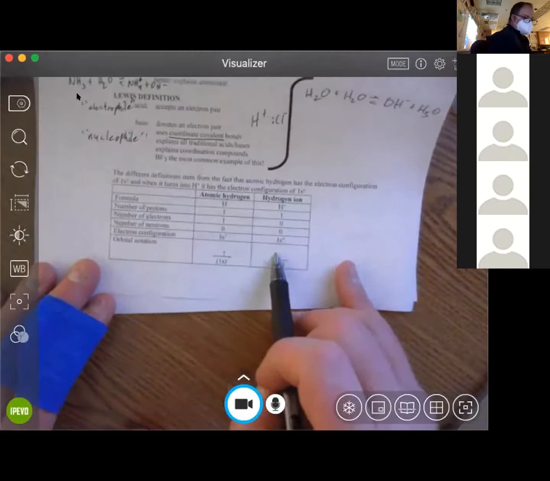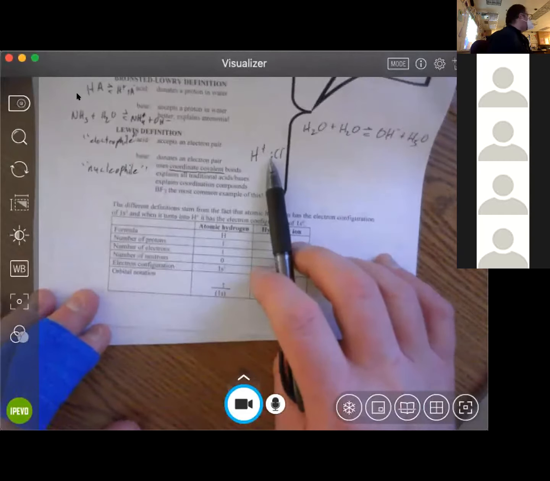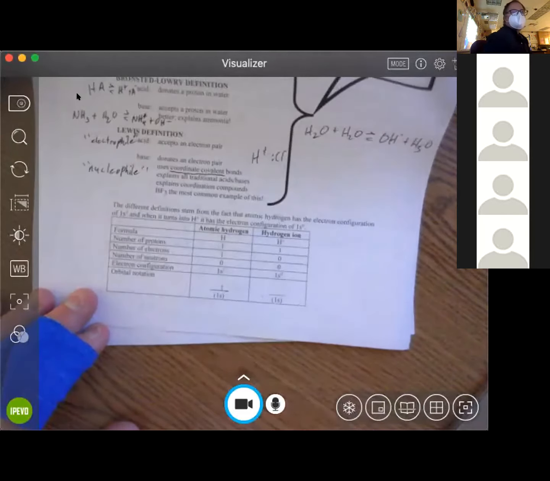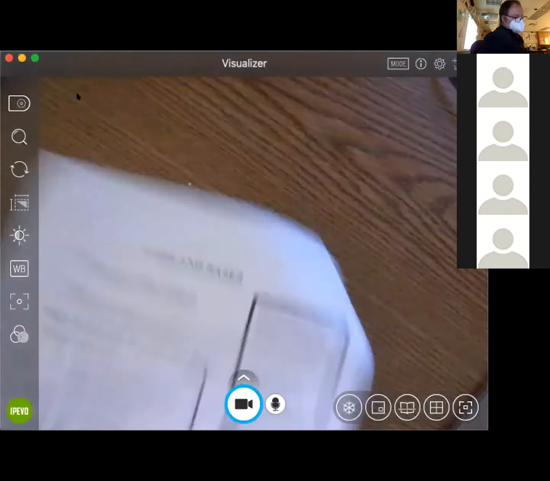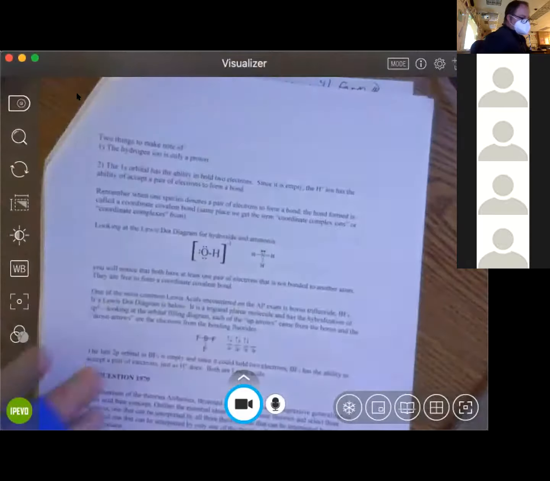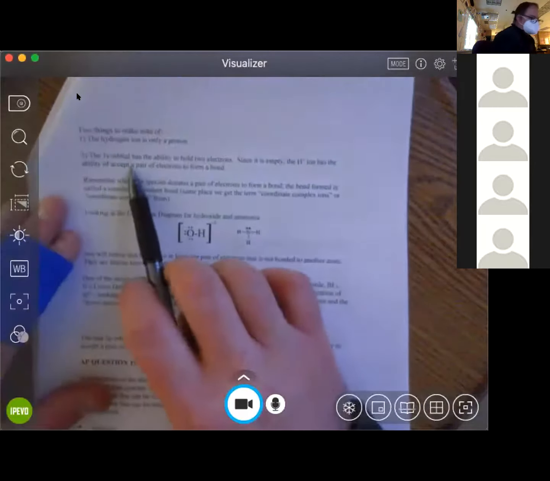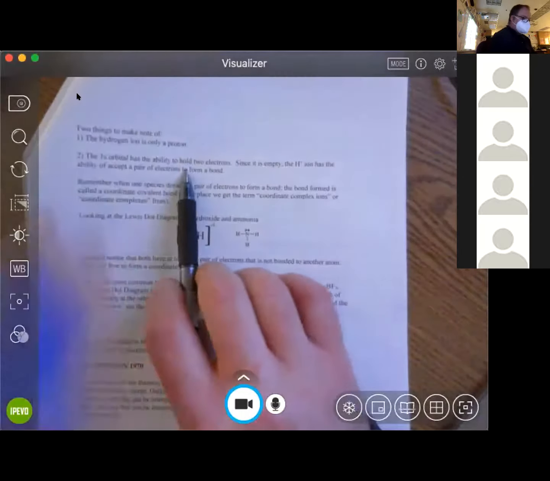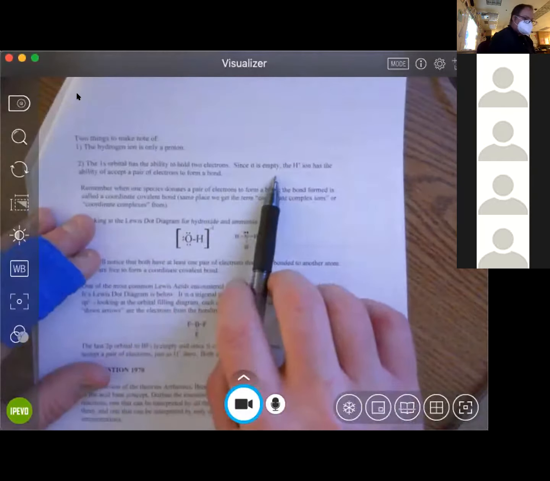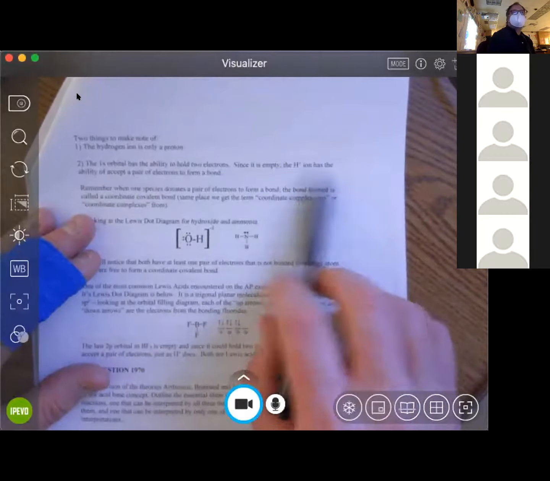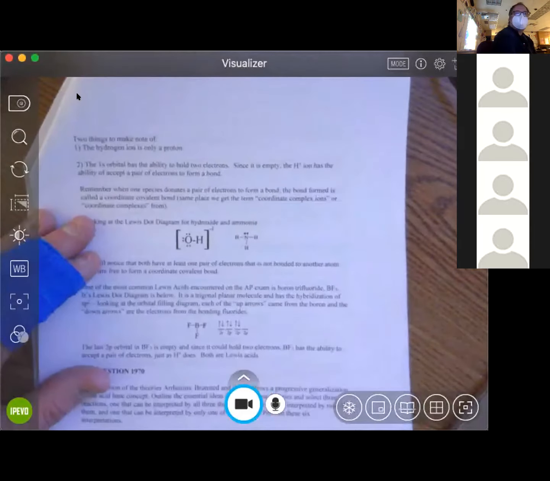That's why we would need electrons to be given to that hydrogen ion in order for it to bond. The 1s orbital has the ability to hold 2 electrons since it's empty, so the hydrogen ion can accept a pair of electrons to form a bond.